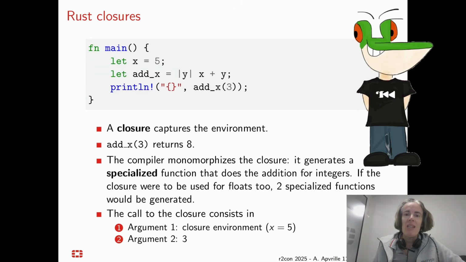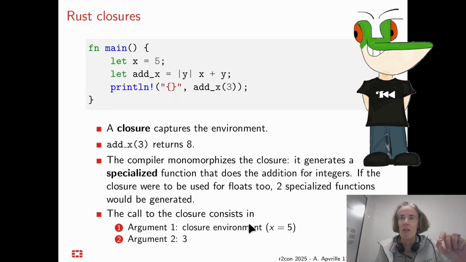Now, this same concept, monomorphism, happens quite often for closures. You will have a very special function that the Rust compiler generates for your closure. And if your closure is generic, meant to work on floats, on integers and everything, the Rust compiler is going to generate a function for the closure for integers and another one for floats. And then the call will happen this way. You will set as first argument the environment of the closure.